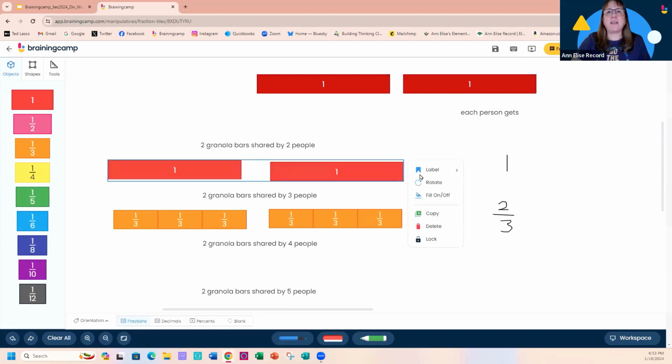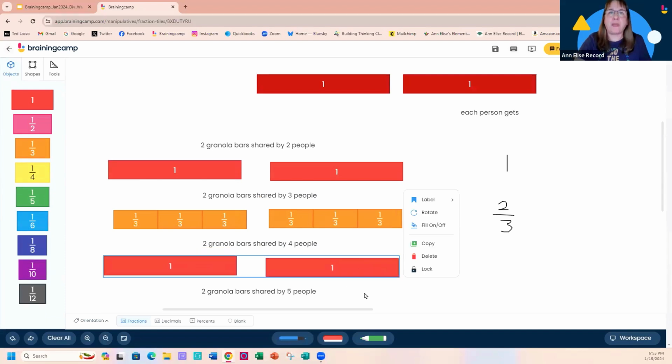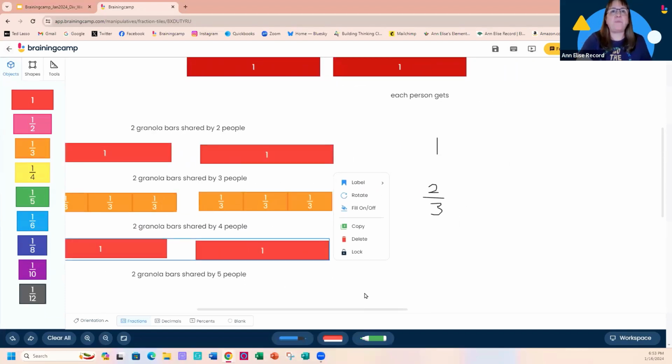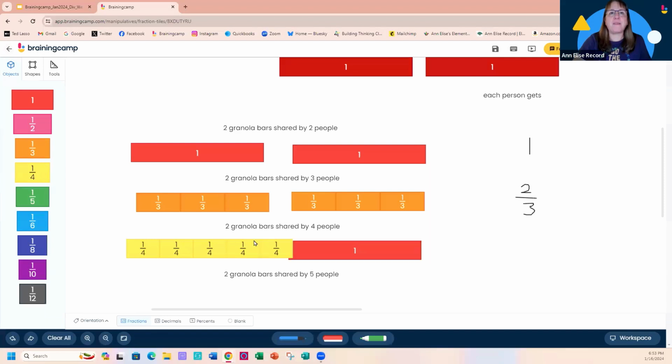Now, if I, again, copy down the 2 granola bars, now sharing it with 4 people, well, now I can be thinking about, well, what if I break apart each of the fraction bars into 4 pieces? And I can do the same thing with my other bar. And then again, I give them each 1/4 of each of the bars, right?